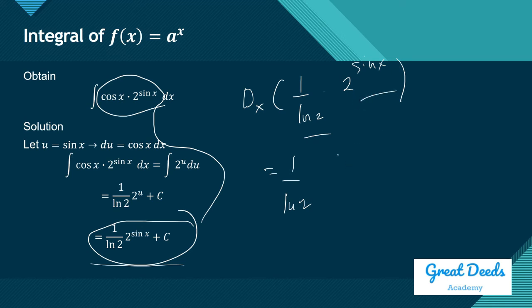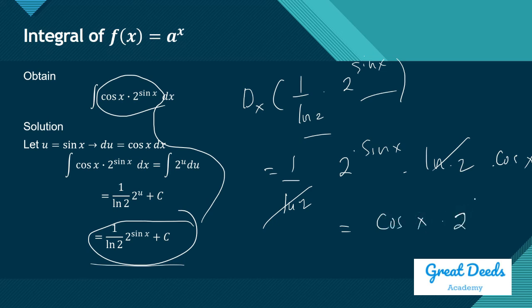The derivative of this is 2 raised to sine of x times ln of 2 times the derivative of sine, which is cosine of x. Ln of 2 divided by ln of 2 is 1, and so this gives you cosine of x times 2 raised to sine of x. And look at that. So that's the way to check.